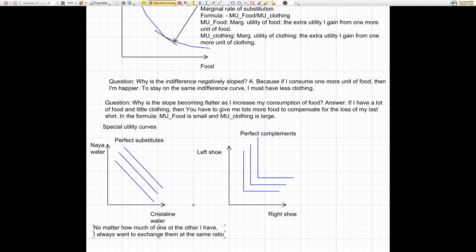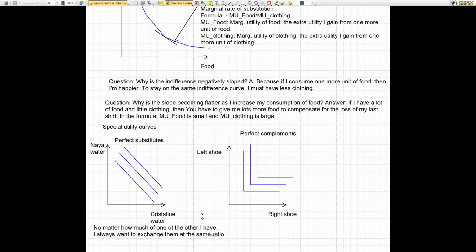No, they are somehow complements, but not perfect complements. Because I can eat my French fries with no ketchup, and I could put my ketchup on some other meal too. Okay, thank you.